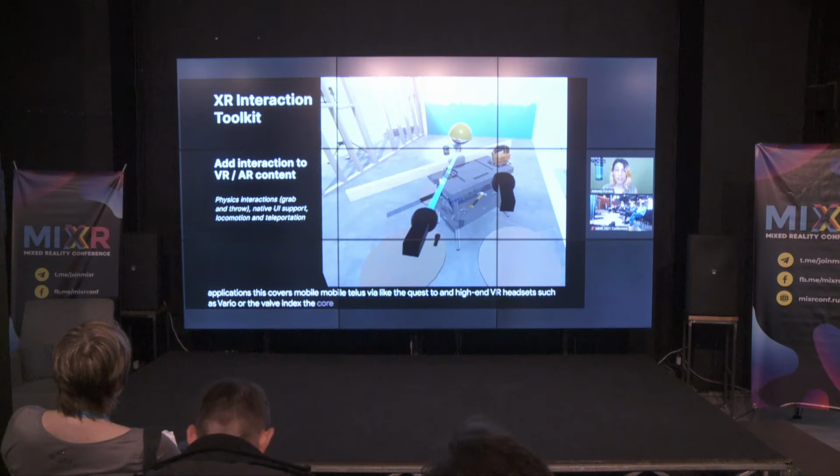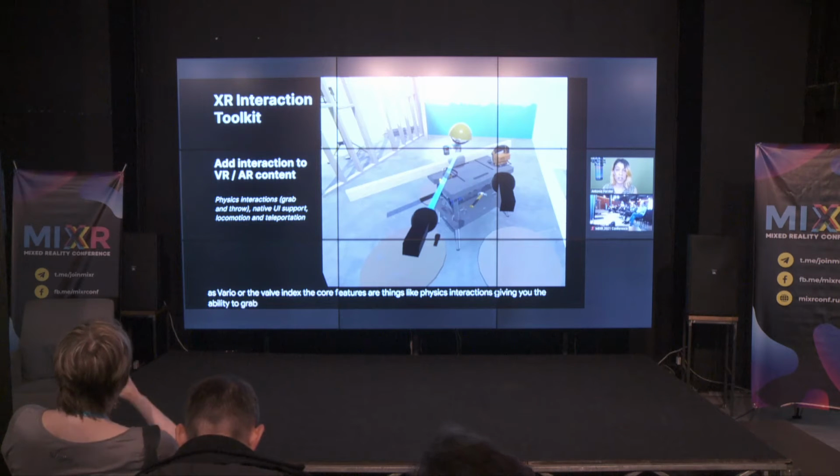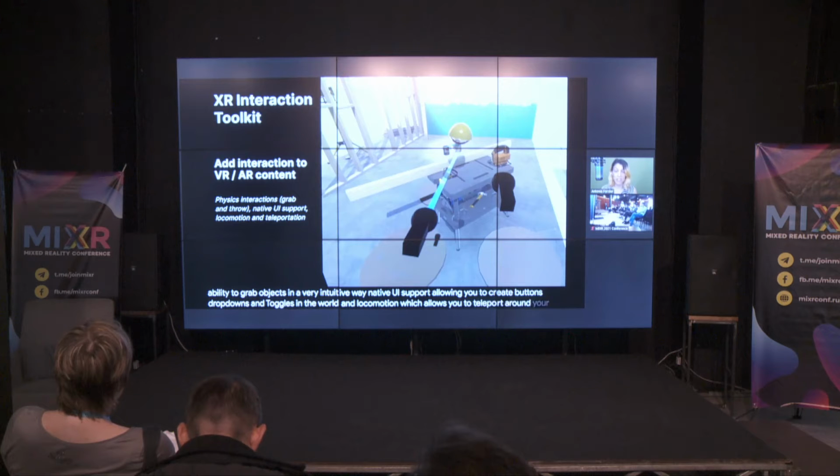The core features are things like physics interactions, giving you the ability to grab objects in a very intuitive way, native UI support, allowing you to create buttons, drop-downs, and toggles in the world, and locomotion, which allows you to teleport around your scene.